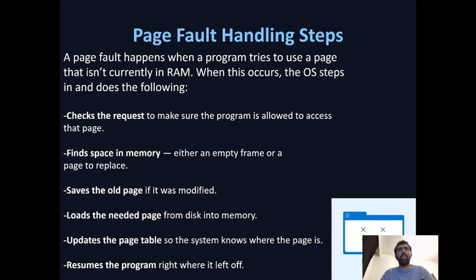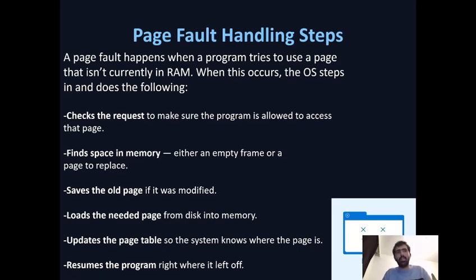Next, we have the page fault handling steps. A page fault happens when a program tries to use a page that isn't currently in RAM. When this occurs, the OS steps in and does the following. Here we have 6 steps. The first step, it checks the request to make sure the program is allowed to access that page in the first place. Then, it finds space in memory, either an empty frame or a page to replace.